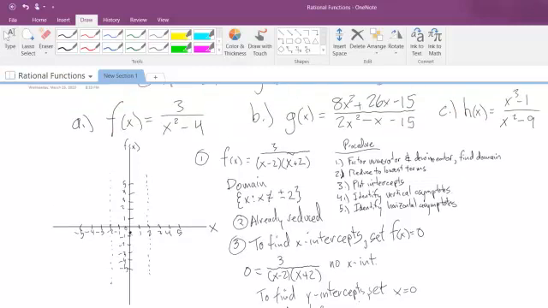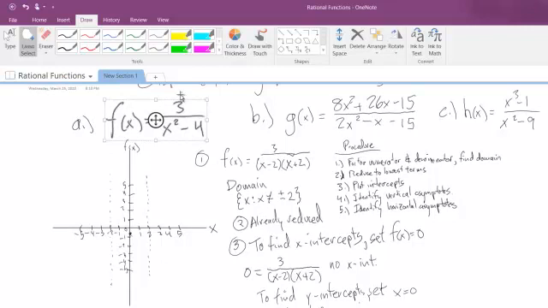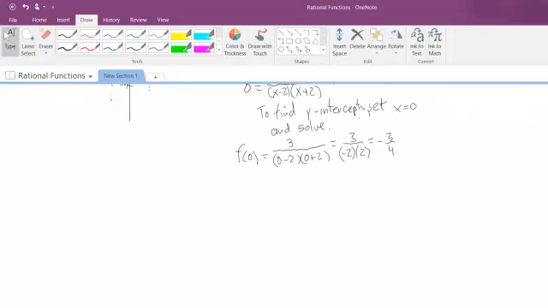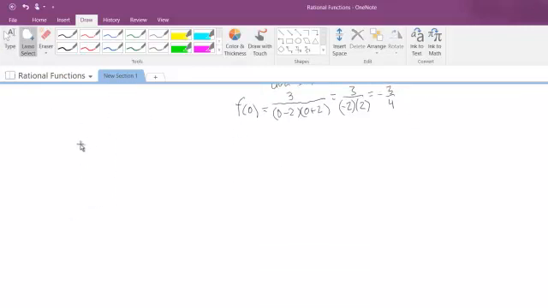I'm going to go back up here, let me take a copy of this and bring this down here. Okay, Control V. What's the degree of the numerator? It's the power on top of the x value that's here.